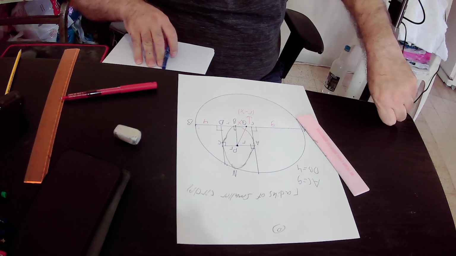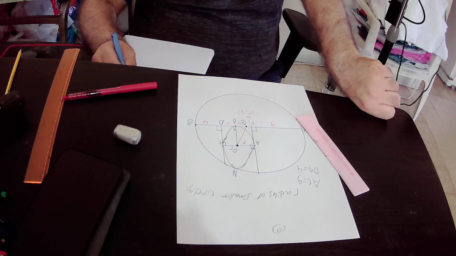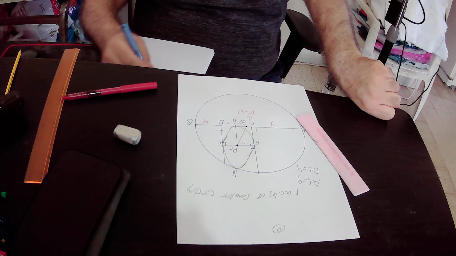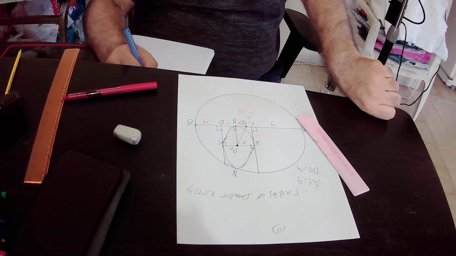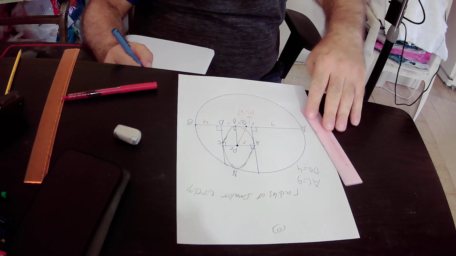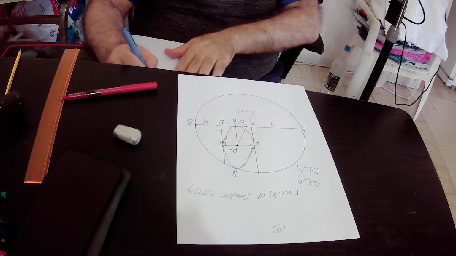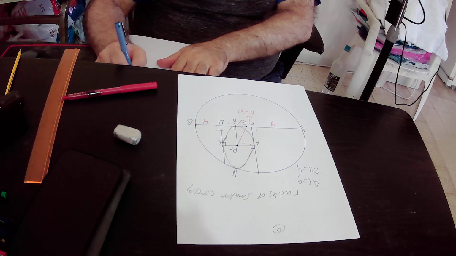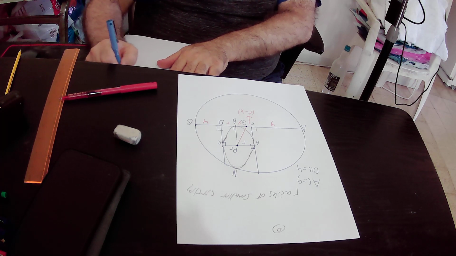Okay, so triangle PQB is a right triangle.